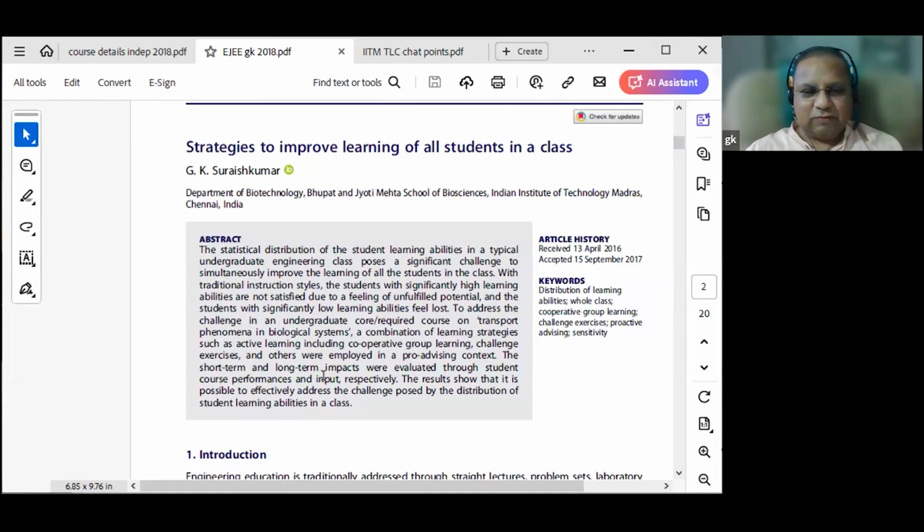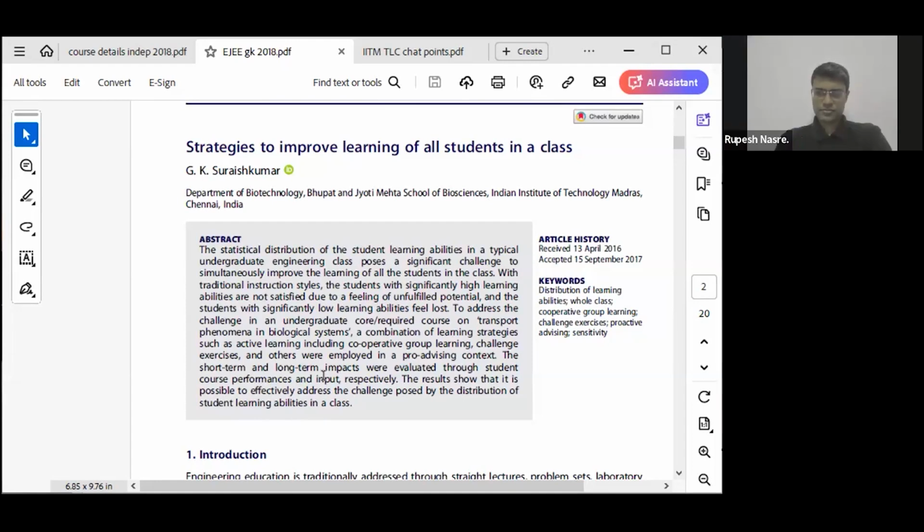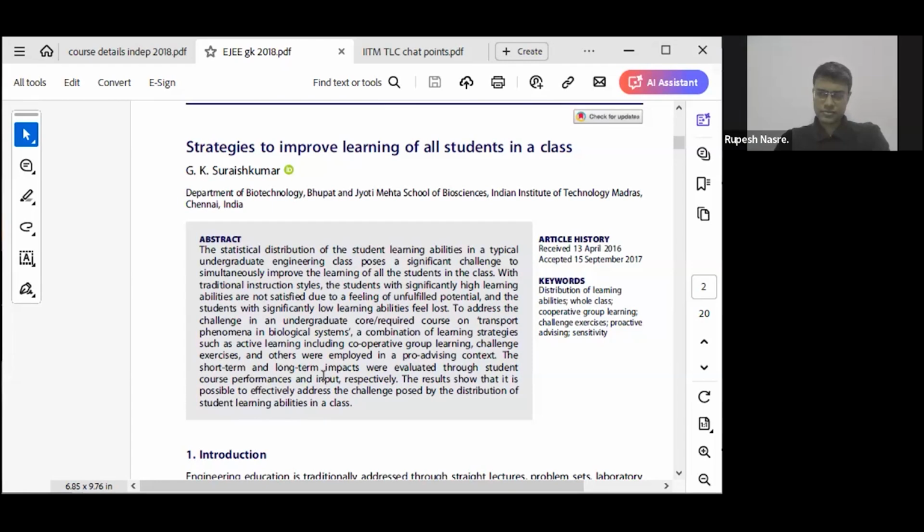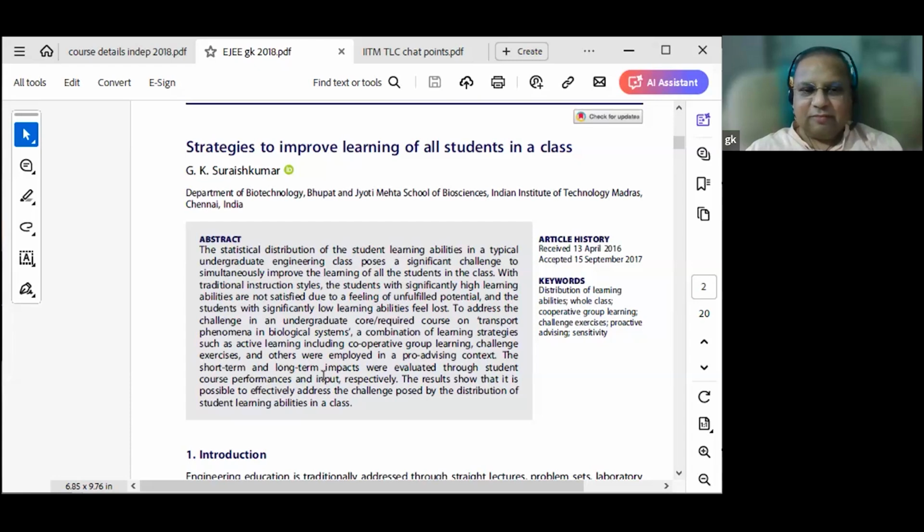I'm not too sure of the number now. And I was quite surprised to see this response from people with a C or a D or even lower. And so it helps, in very many different ways. And I think being aware and being sensitive to the distribution in abilities is a must.